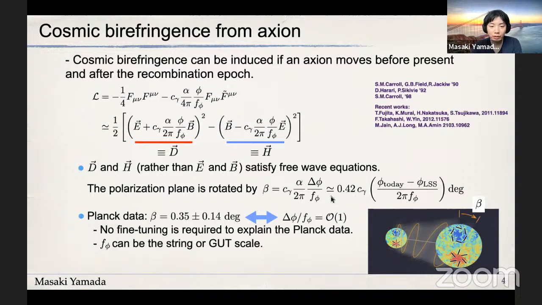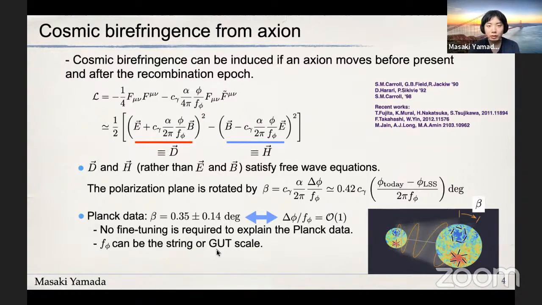So the resulting birefringence angle is of order 1 or 0.1 degrees. And actually, this is consistent with the Planck data. So we don't need any fine tuning in the misalignment angle to explain the Planck data. And the axion decay constant can be arbitrary because this combination is expected to be of order unity. So the axion decay constant can be as large as the Planck scale. So this axion can be the string axion.